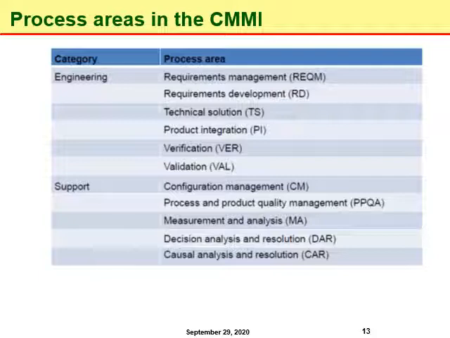So these are in fact core development activities, and they have been categorized in the engineering group. Whereas the support group has configuration management, process and product quality management, measurement and analysis, decision analysis and resolution, and causal analysis and resolution.